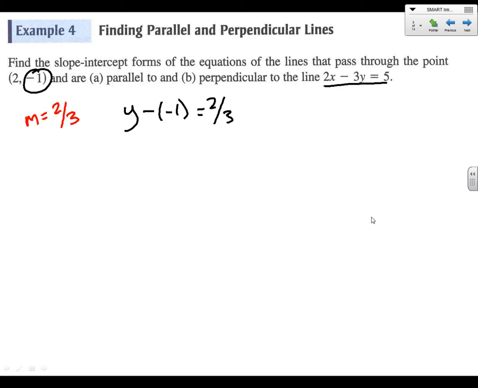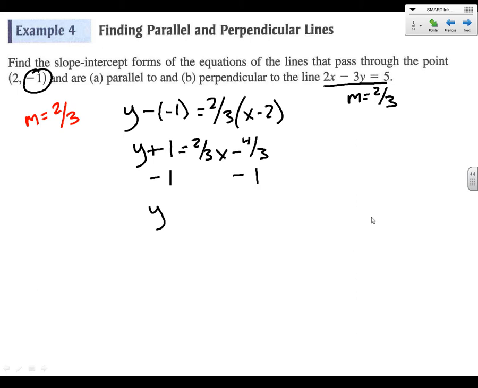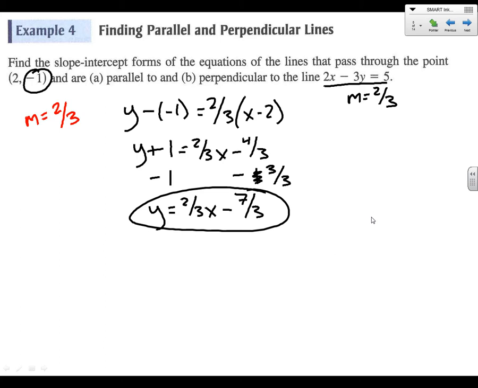This line has a slope of 2/3, so my new line has a slope of 2/3, times x minus 2. Let's clean it up because I want slope-intercept. y plus 1 equals 2/3 x minus 4/3, and let's subtract 1. So y equals 2/3 x minus, changing this into thirds so it's easier to subtract, 7/3.